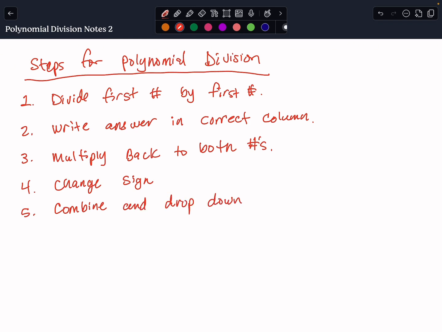And step six, repeat all these steps, but using the answer from number 5.